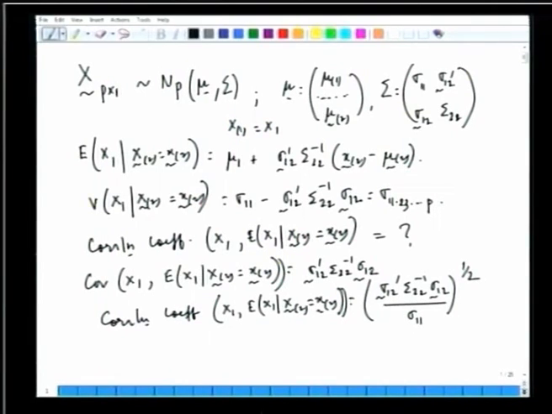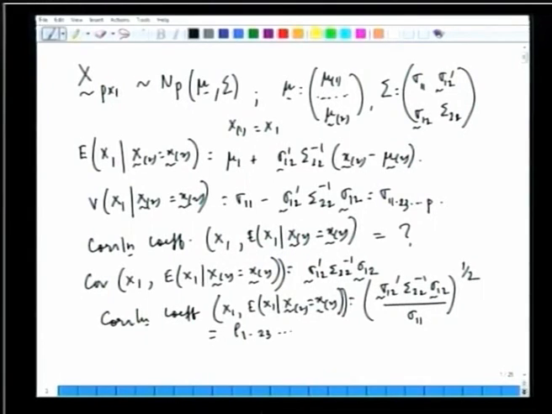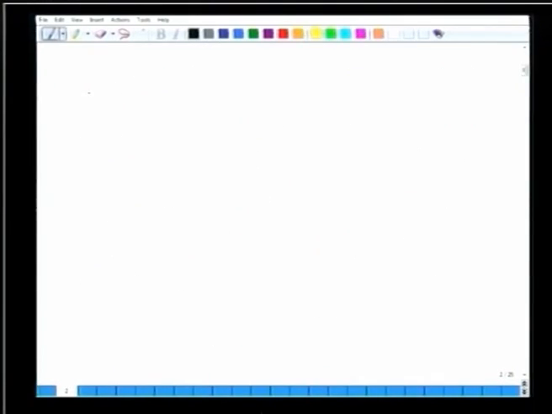So, this is nothing but the usual multiple correlation coefficient, that is rho 1 dot 2 3 to p, so that I can say that rho square of rho 1 2 3 to p is nothing but sigma 1 1 minus the conditional variance with the notation sigma 1 1 dot 2 3 to p, divided by the usual variance sigma 1 1.